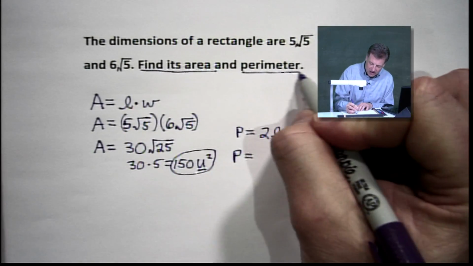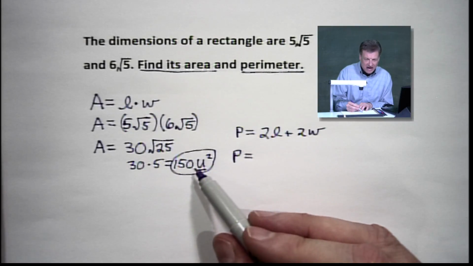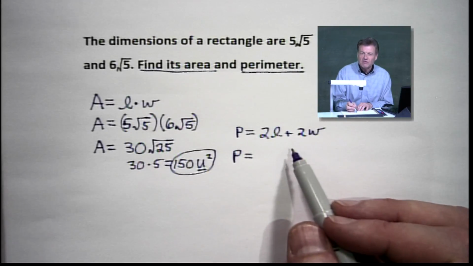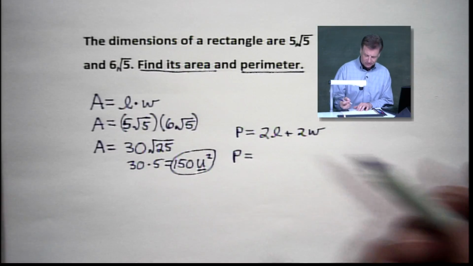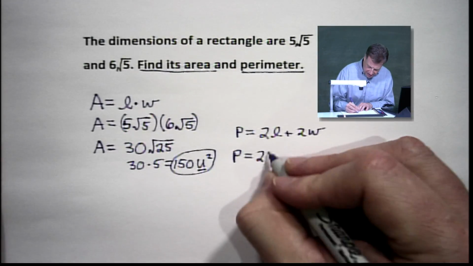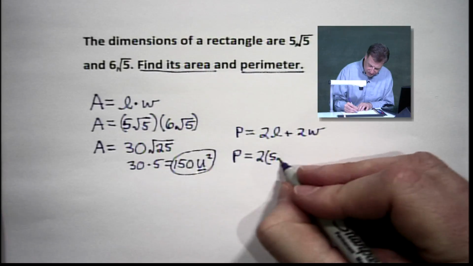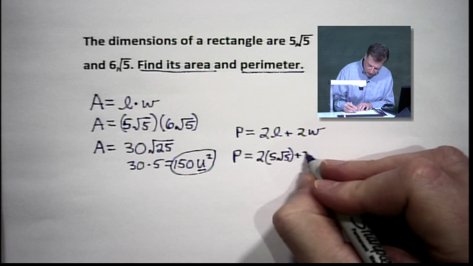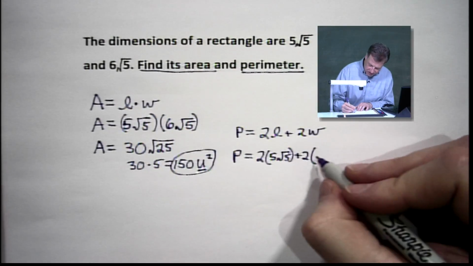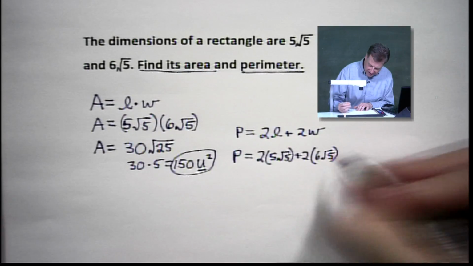So let's see what's going to happen. And by the way, notice we lost our radical. We lost our square root function here. The question is, will we lose it over here? All right, let's see what happens. We're going to put in 2 times 5 square roots of 5. We're going to put 2 times 6 square roots of 5 there.